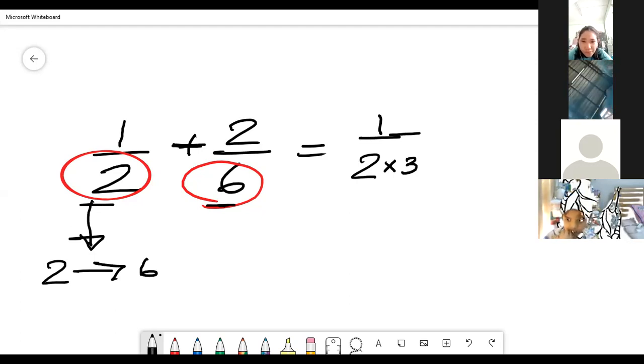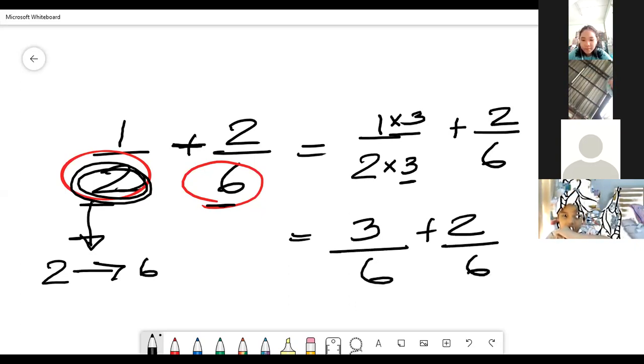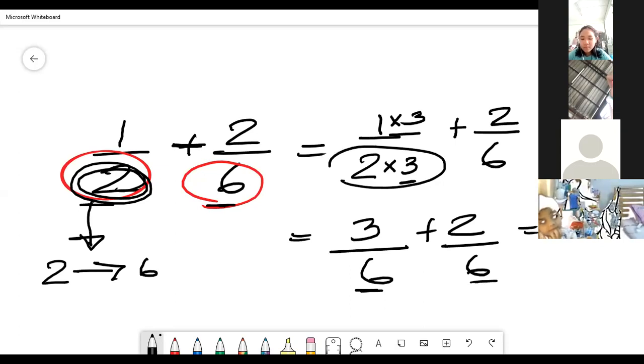If we multiply the denominator by 3, multiply the numerator by the same number, plus 2 over 6. We will not change 2 over 6 because it is the same already. So 3 over 6 plus 2 over 6. See? You can add now because they are the same. It's 6 and 6. First and foremost, you need to think if we can make all the denominators the same.